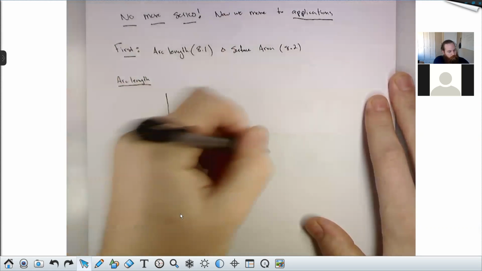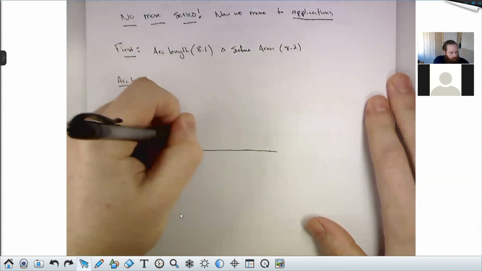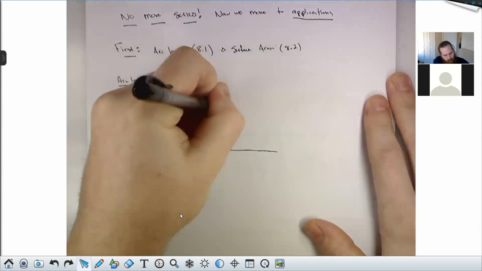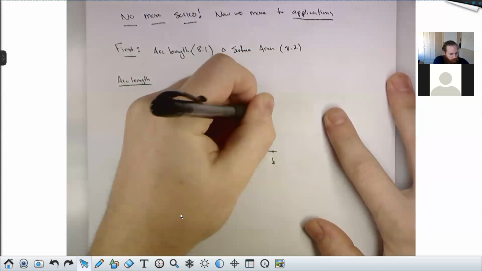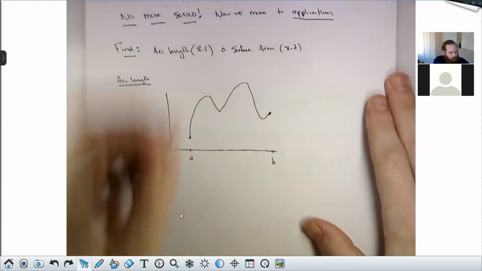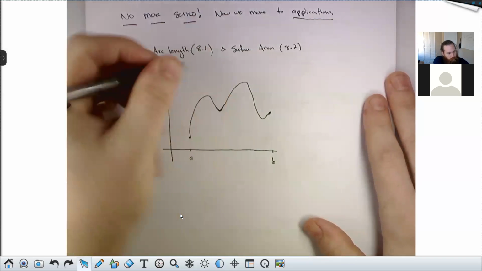I give you some curve with a starting point, and I would like to know if you could unravel this curve. I am going to assume that it's smooth.